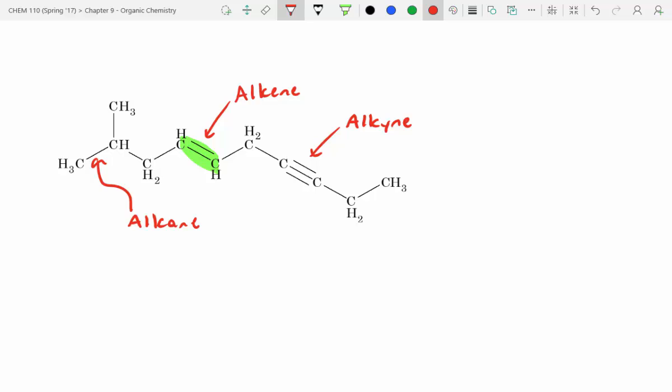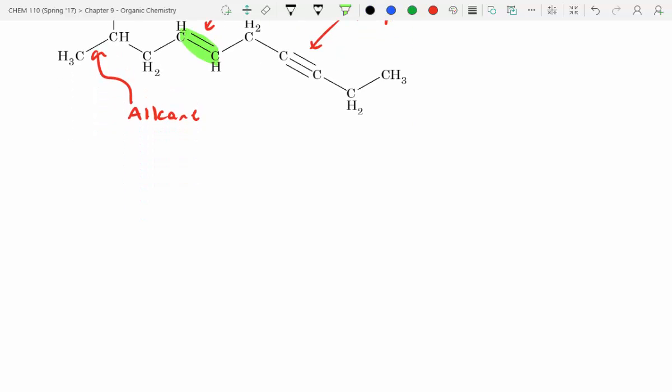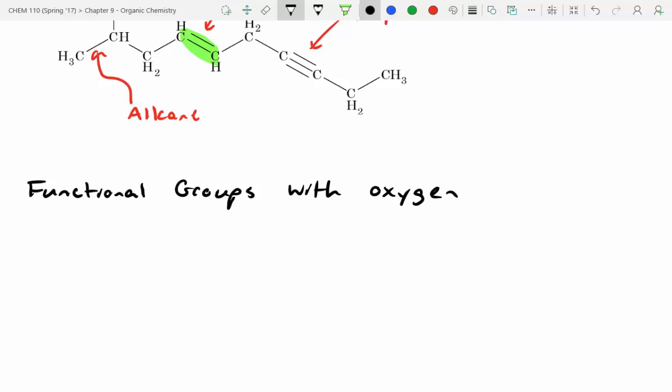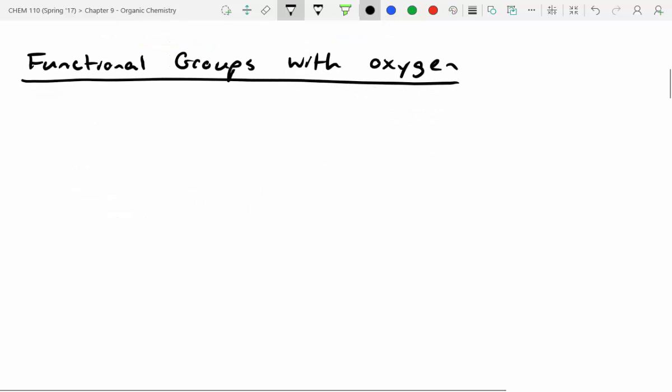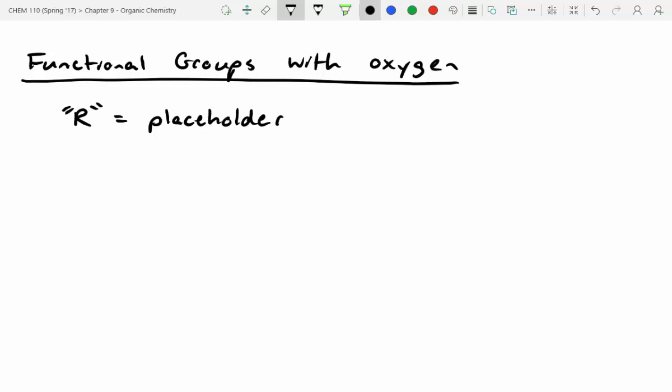All right, so those are the easy ones, but we've got to start learning the hard ones now. So we'll start with functional groups containing oxygen. All right, and I really like to use these placeholders called R groups. Really, you can just kind of ignore an R group anytime you see it written.